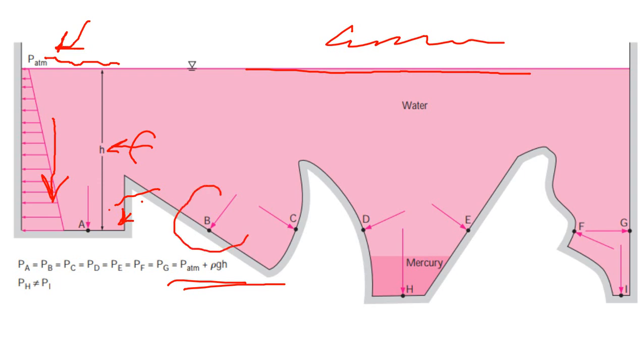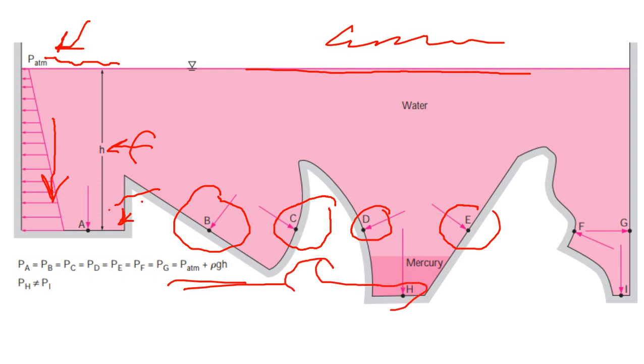For B, it's perpendicular to the surface, and for C and D the arrow is perpendicular to the tangent of the curve. You can see the same for E, F, G, also H and I at the bottom. So the pressure acts perpendicular to the surface.